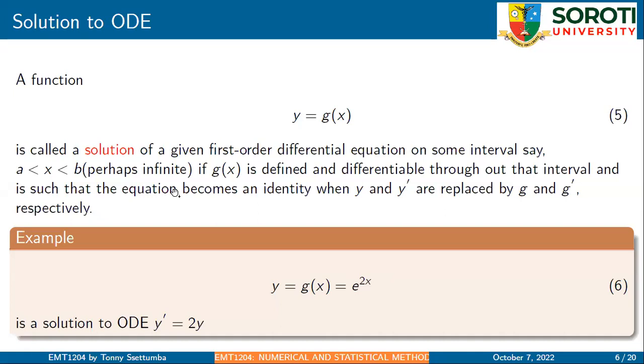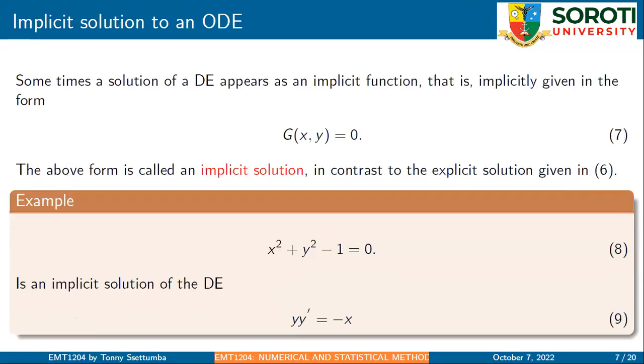So we've looked at this case, question 6, how it becomes a solution to this ODE. And we've realized that sometimes a solution of a DE appears as an implicit function, that is, implicitly given in this form of equation 7.